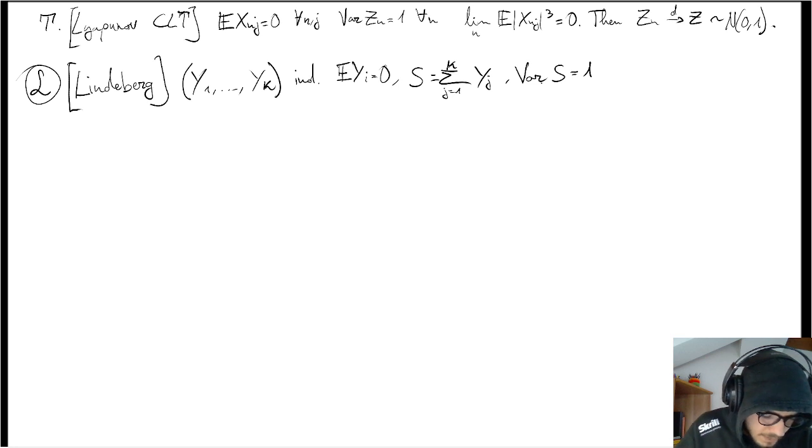And let f be a function which can be differentiated 3 times, bounded and continuous. I will put it in C3.